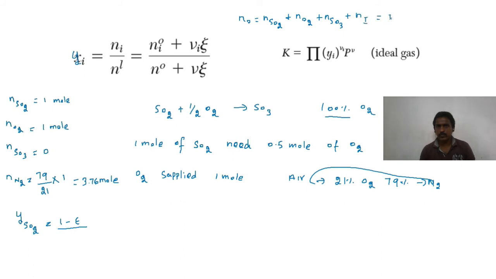N SO2 we know is 1, N O2 is 1, SO3 we assume is pure without any product at the inlet stream, 0, and N nitrogen is 3.76. Therefore we have N0 as 5.76 moles.